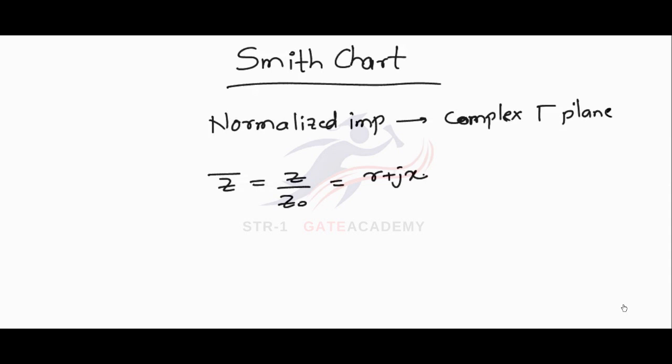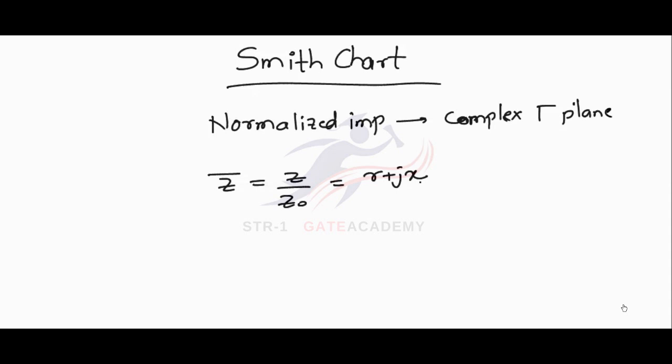Any impedance is the sum of resistance plus reactance. Here, this R is the normalized resistance, whereas this X is the normalized reactance. So in the Smith chart, we are going to use normalized impedances, not the normal impedances.